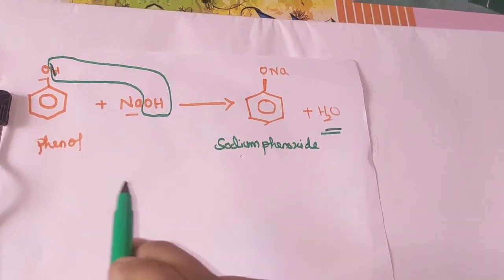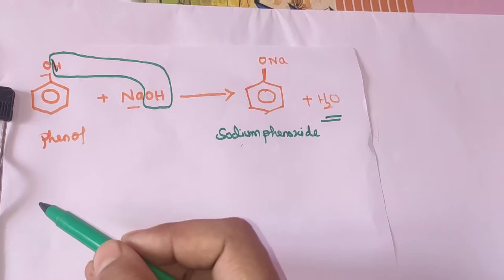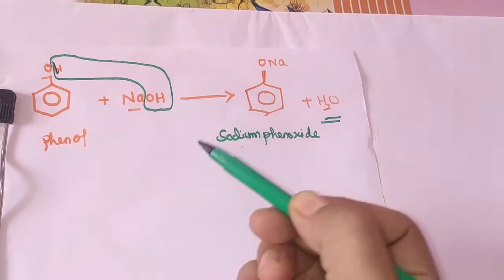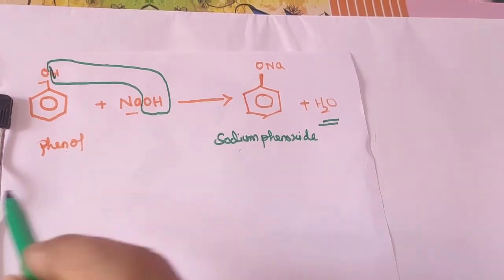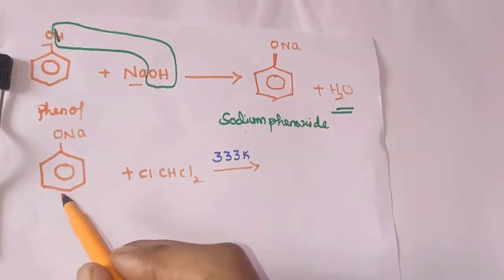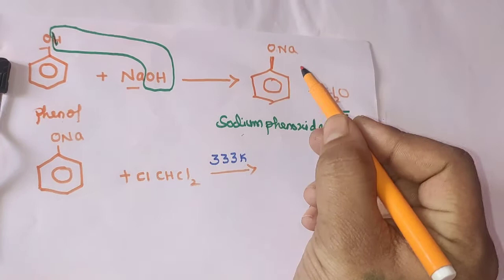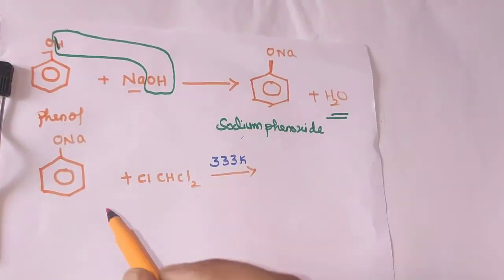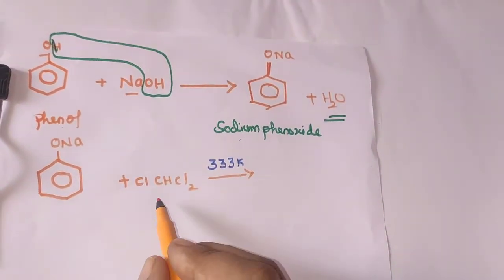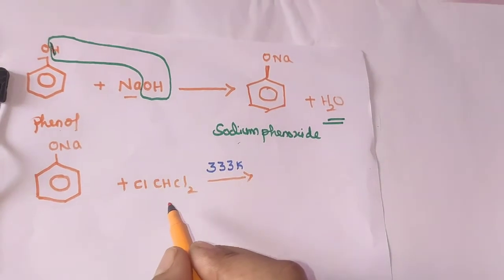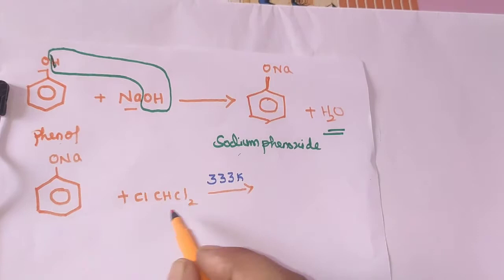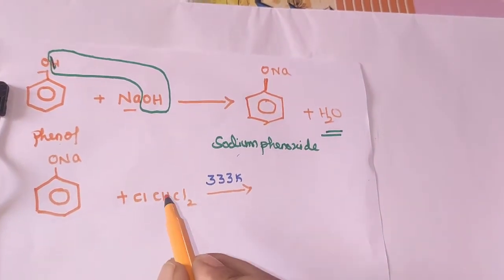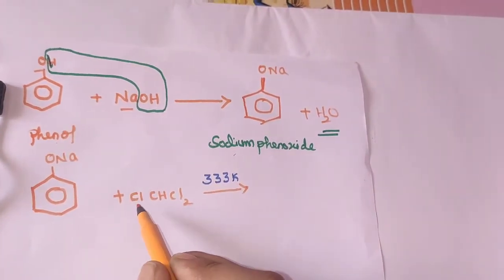Secondly, this sodium phenoxide is treated with chloroform. What will be produced? In the second step, the sodium phenoxide is treated with chloroform. The molecular formula of chloroform is CHCl3, but for convenience I am going to write CHCl2 and here Cl.